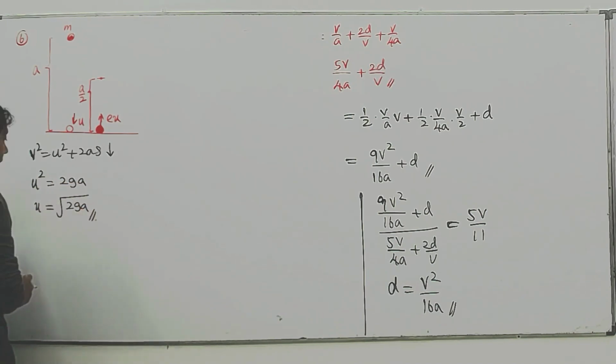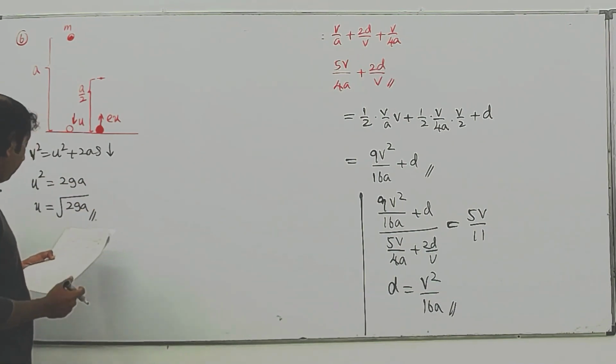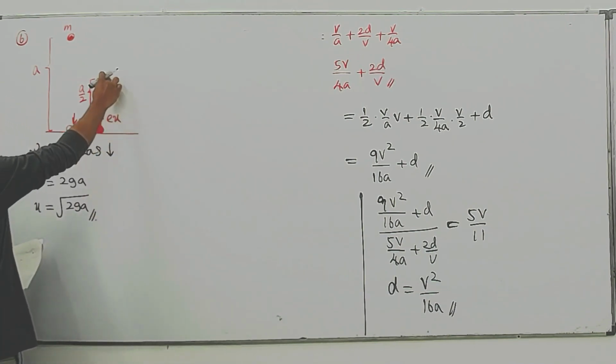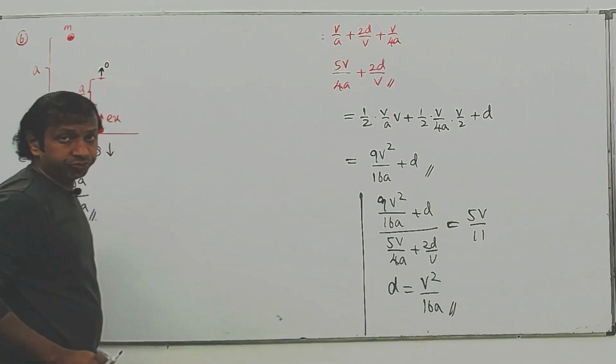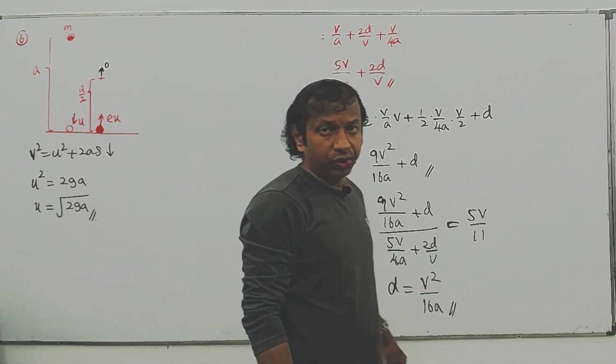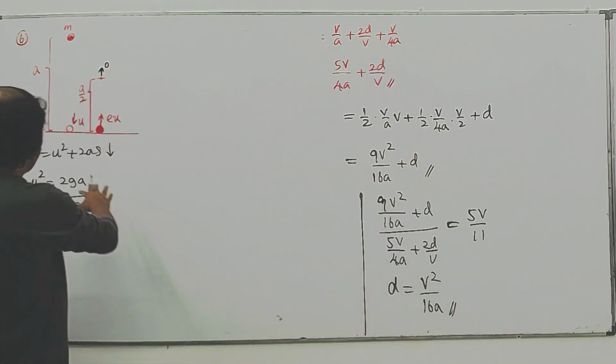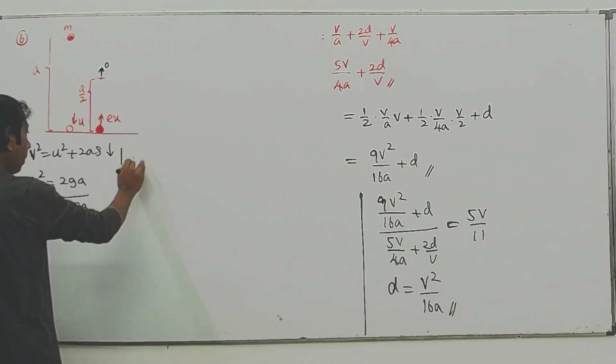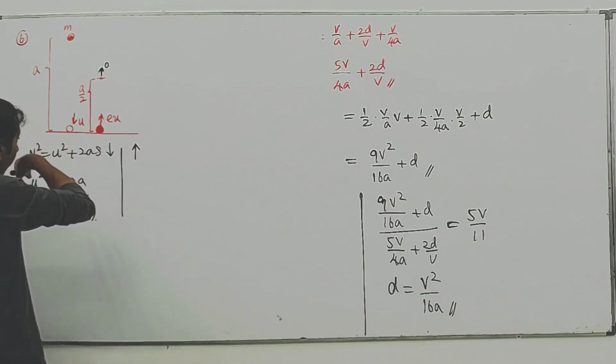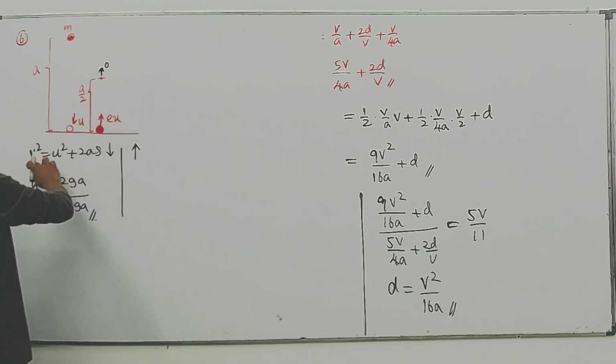Now we can apply the equation for the upward motion. At the maximum height, the velocity should be 0. We apply the same equation of motion upwards, so v squared is 0.